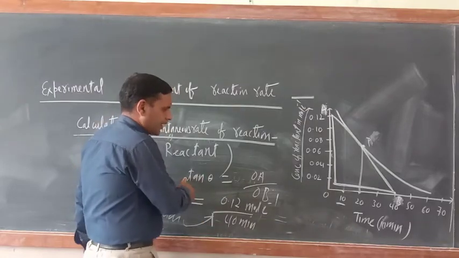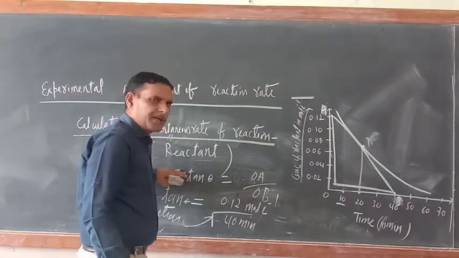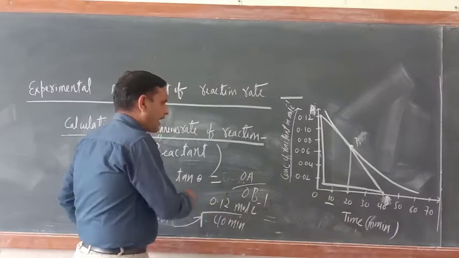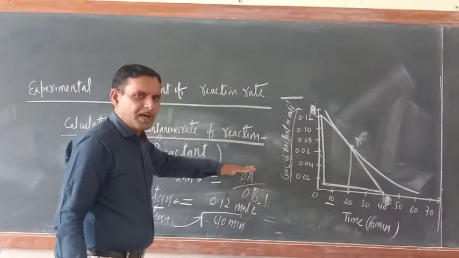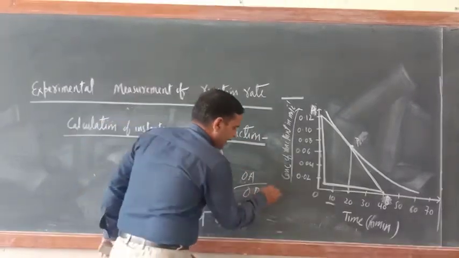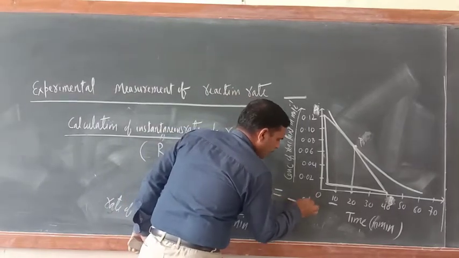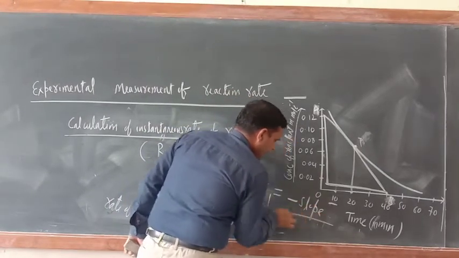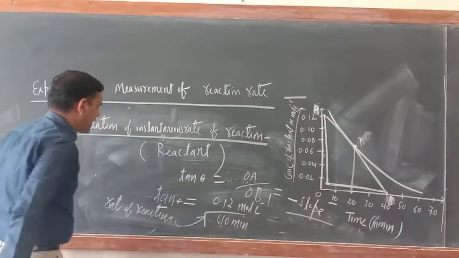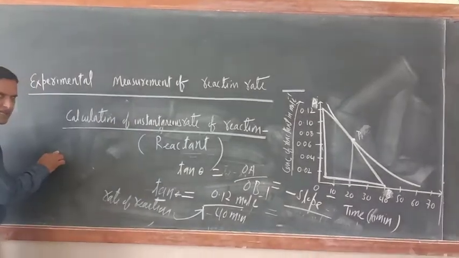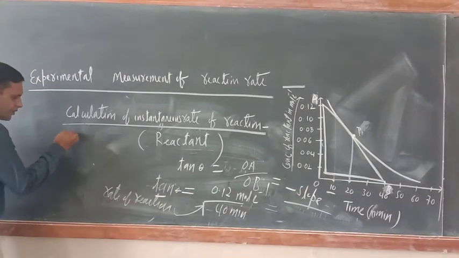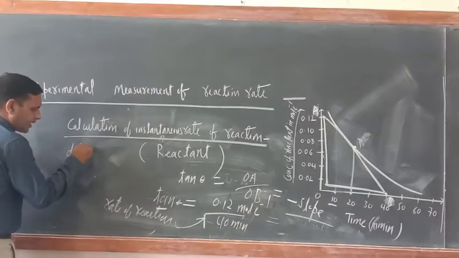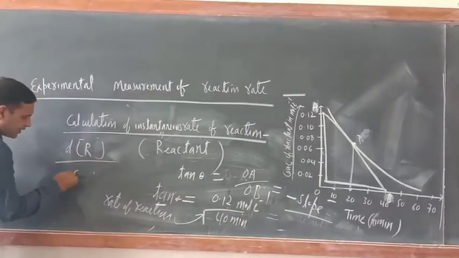So just try to understand here. Basically here you have to calculate the slope, and since this graph belongs to the reactant, the slope will be negative. So just try to understand. Again we can say this is equal to minus dR divided by dt.